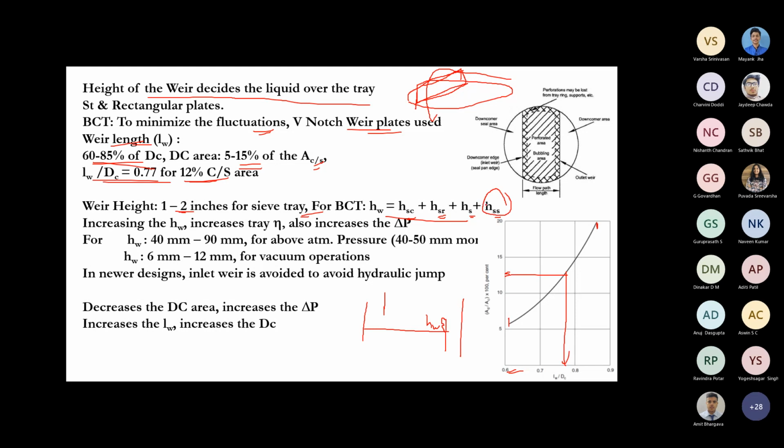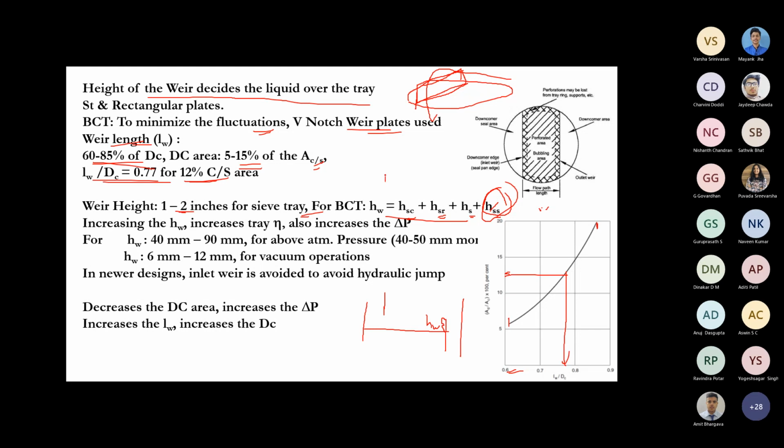Normally HSS would be 0 if P equals 0, but that's not possible. So HSS can be 0.5 inches or 12.5 mm if it is operated at 1 atmospheric pressure. It can be 25 mm if pressure is 7 to 8 atmospheric pressure. HSS is 37.5 mm if pressure is 20 to 35 atmospheric pressure. Okay, this is static submergence.